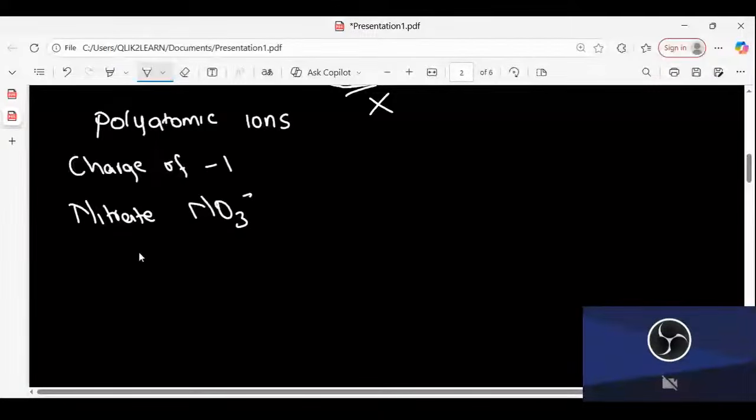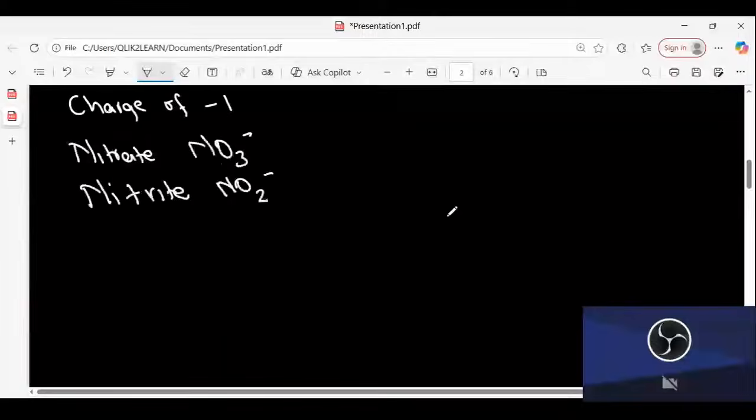I'm not sure if you guys will see the difference between these two names. This one will be NO2 minus. I think you can see the difference in the names. Then there's this one, they always like this one, hydroxide ion.